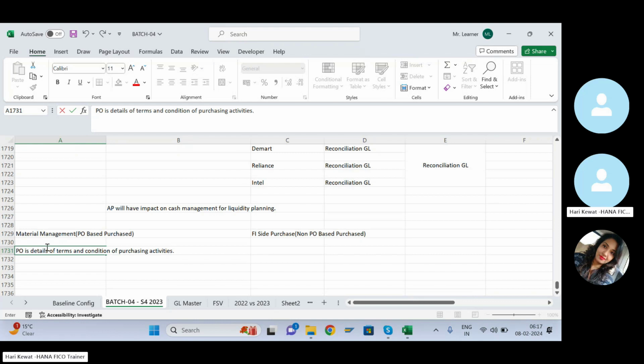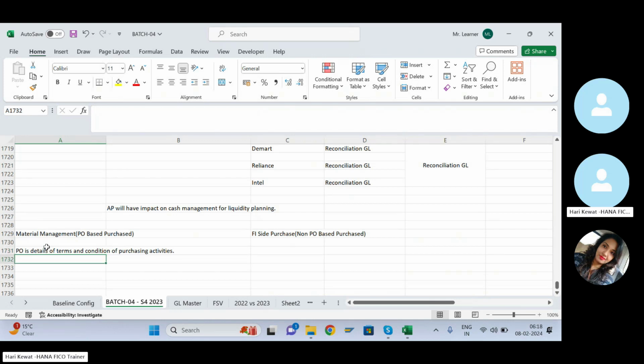PO contains every detail of your purchases: how many quantity you are going to purchase, at what rate, what discount you are going to get, on which date delivery should happen, and in which currency you are going to purchase. Everything is already agreed with the vendor. That is the reason you have created the purchase order.